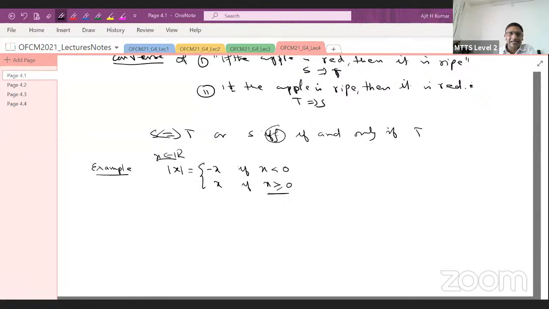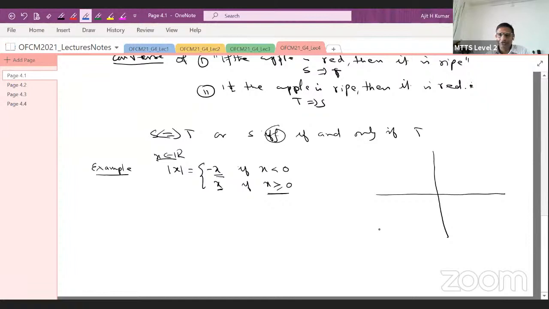But you see here, there are two things, x and minus x. If you try to plot the graph, I'm sure all of you know how to plot the graph of the functions y equal to x and y equal to minus x. Let me plot the graph of y equal to x.